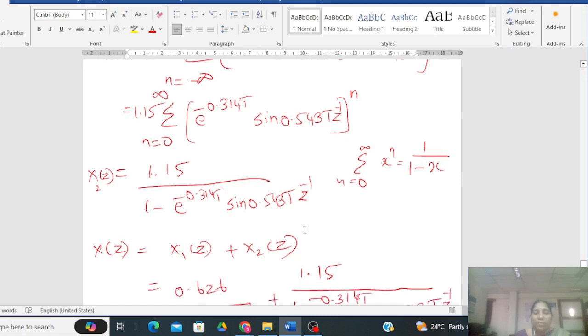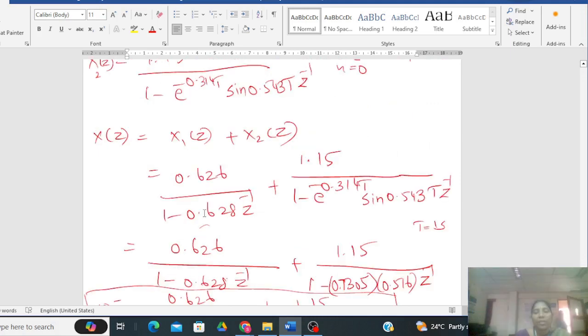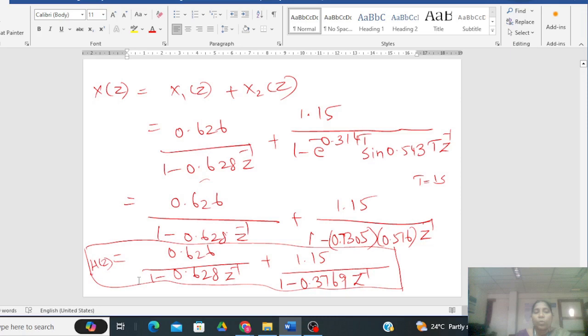So when you combine X1 of z and X2 of z, X1 of z is 0.626 divided by 1 minus 0.628 z inverse, plus X2 of z is nothing but 1.15 divided by 1 minus e power minus 0.314 t sine of 0.543 z inverse. So after substituting the t value as 1 second and simplifying it, we will be getting H of z as 0.626 divided by 1 minus 0.628 z inverse plus 1.15 divided by 1 minus 0.3769 z inverse. This is the answer you will be getting.